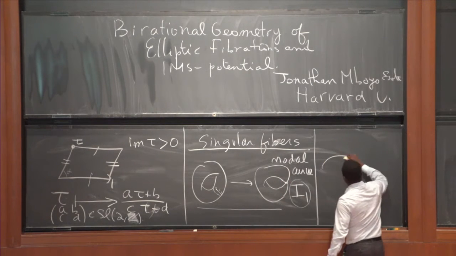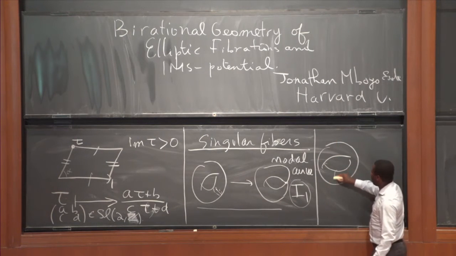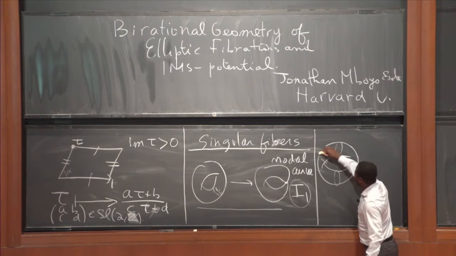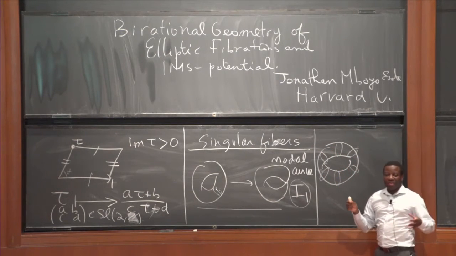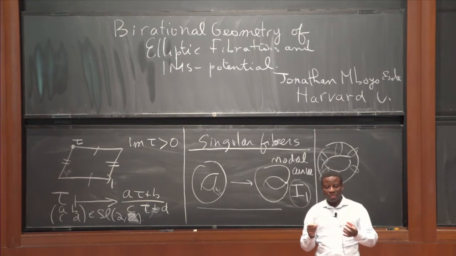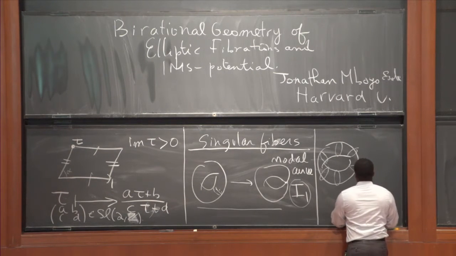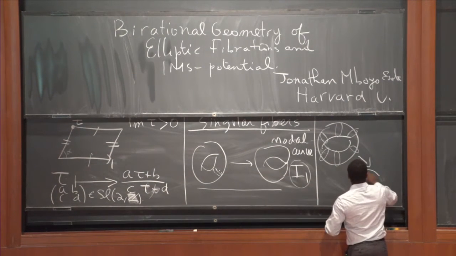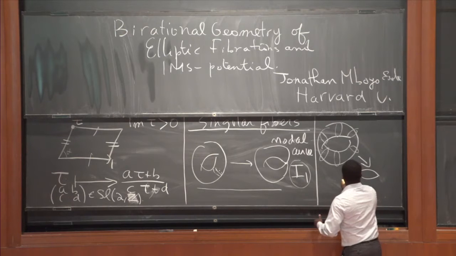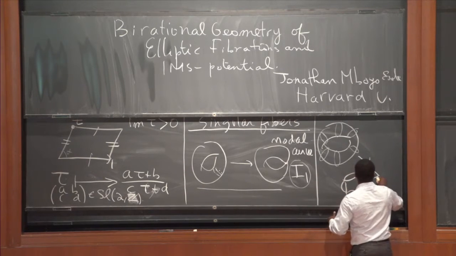So consider the following situation where I start with a torus, but this time I take more than one circle. I take a bunch of circles, and then I shrink all these circles at once to a point at the same time. So what you get is going to have more or less the following shape.